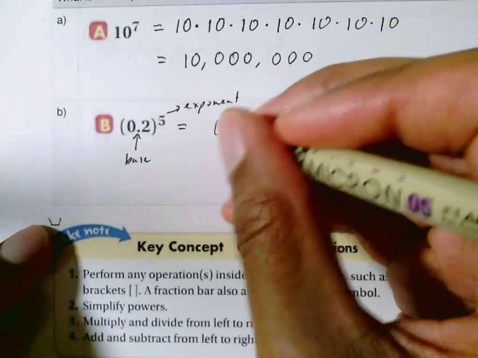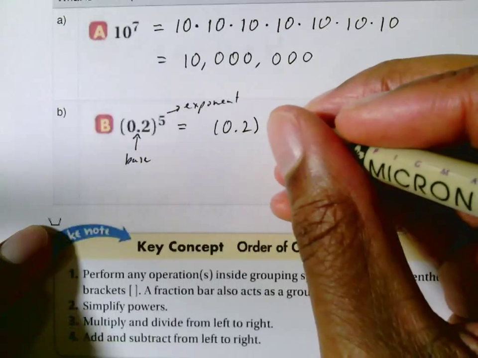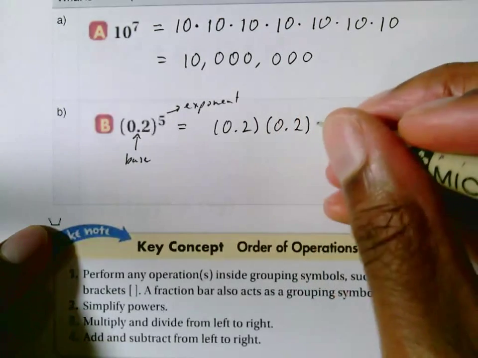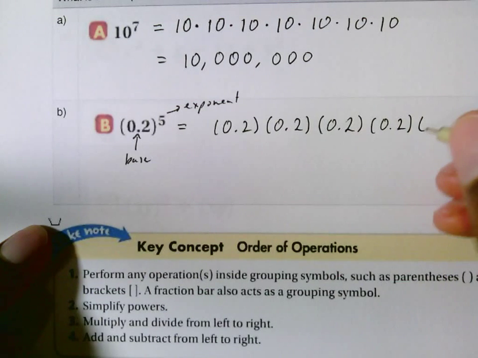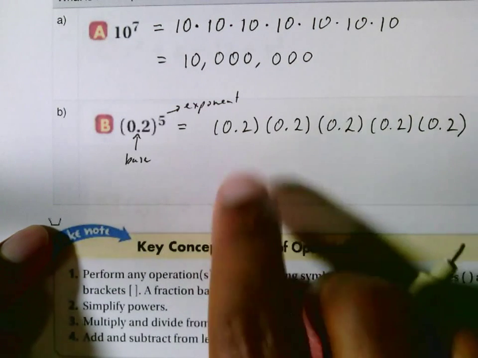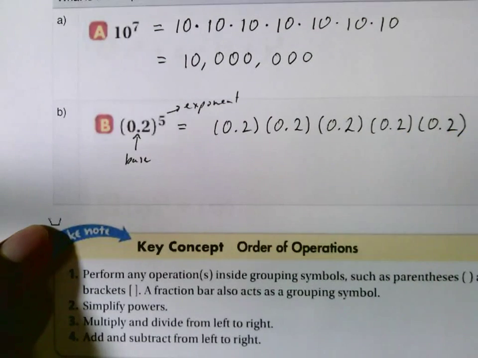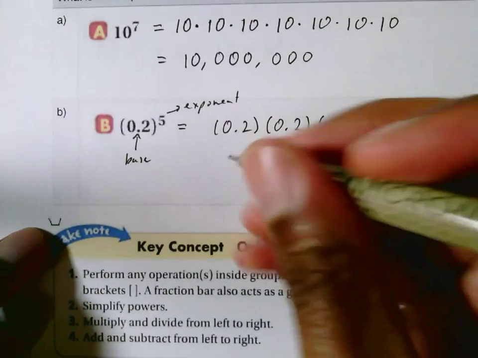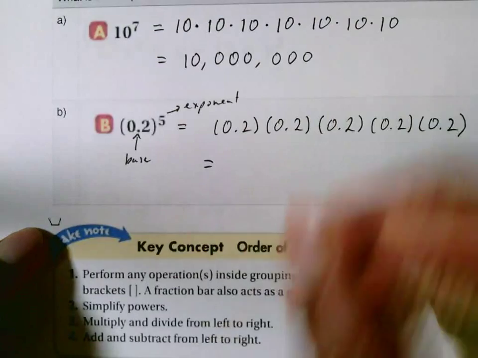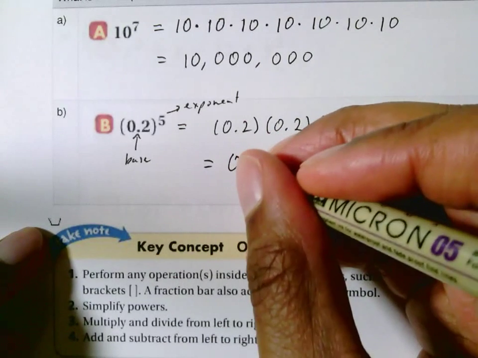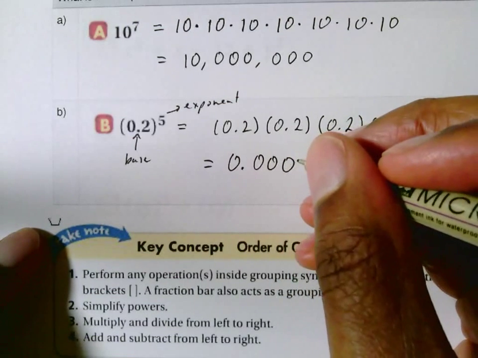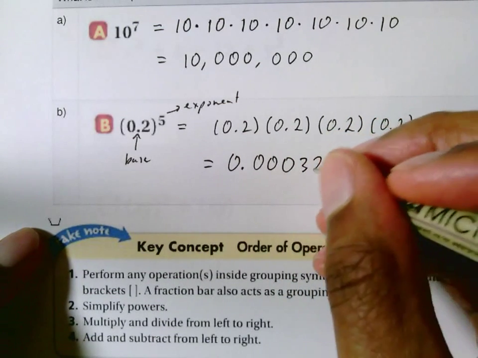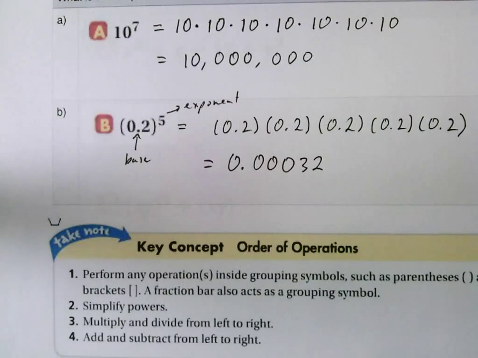I'm going to take my base and factor it a total of 5 times: 1, 2, 3, 4, 5. And if I type it in my calculator, and you can verify, I get 0.00032. There we go. And so I've now simplified 2 powers.